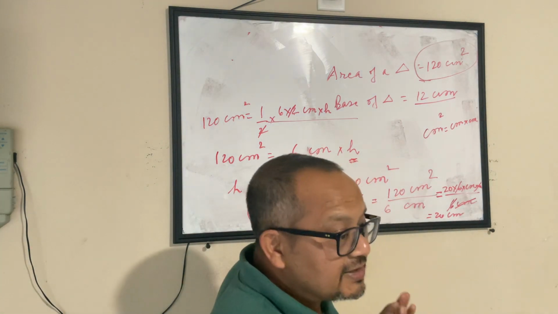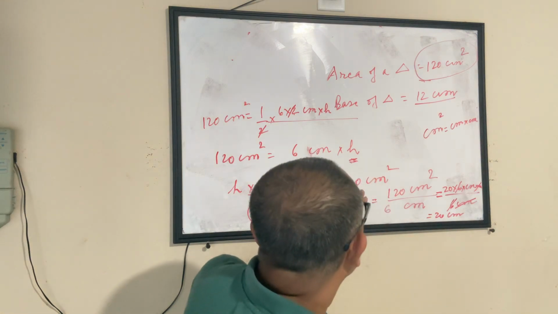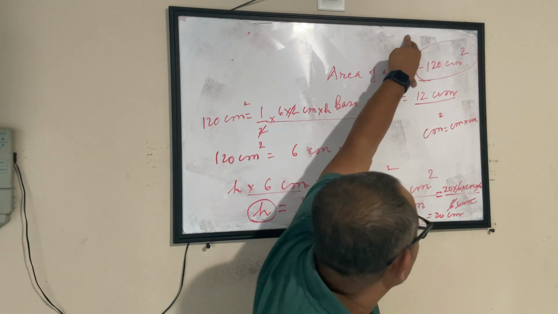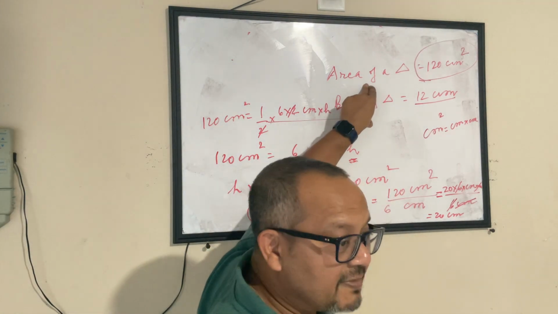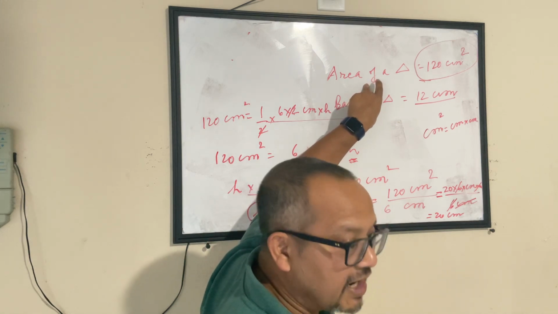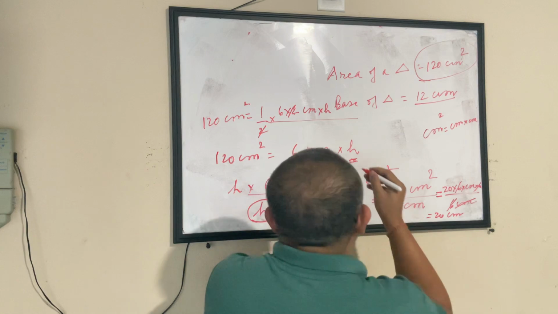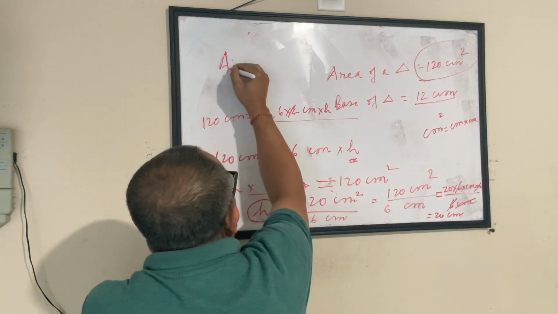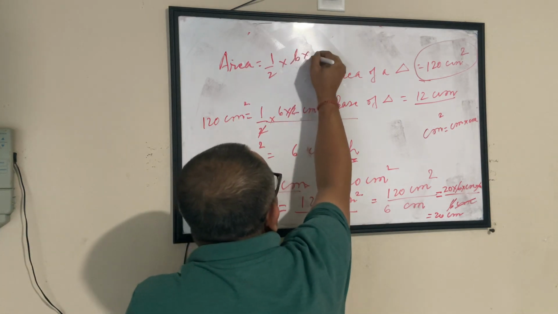So if you look at the whole steps that I did, nothing different. What we are given is the area, what we are given is the base, and what we have been asked is to find out the height of the triangle. So we know that area equals half into base into height.